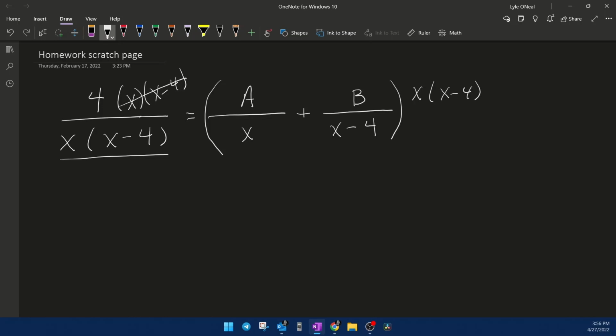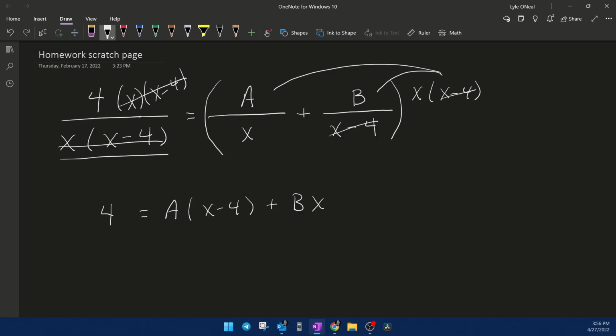On the left, the denominators cancel completely, leaving a 4. But on the other side, we're going to have to distribute to both fractions. So in the first fraction, the x's will cancel, leaving a times x minus 4. But in the second fraction, the x minus 4's cancel, leaving b times x.